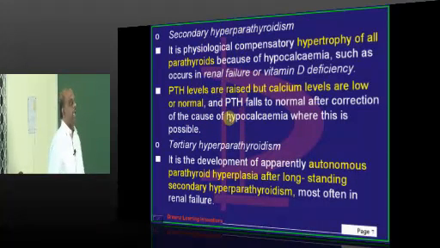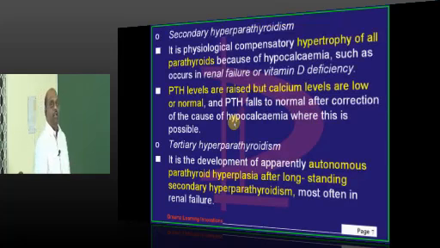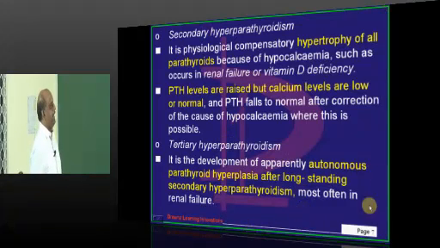Whenever there is low calcium, for example somebody is not eating well and there is hypocalcemia, or somebody has vitamin D deficiency and hypocalcemia, any hypocalcemia can stimulate the production of parathormone as a compensatory mechanism, which leads to what is called secondary hyperparathyroidism.